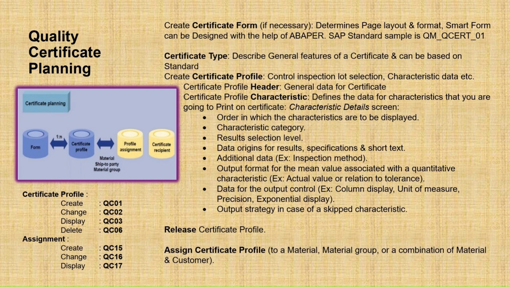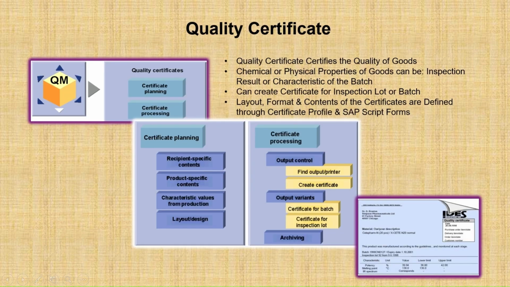The results which we are entering will be printed on the certificate, and we decide what all MICs need to be printed. Then the actual processing comes, and in the printing part, just the printing devices.